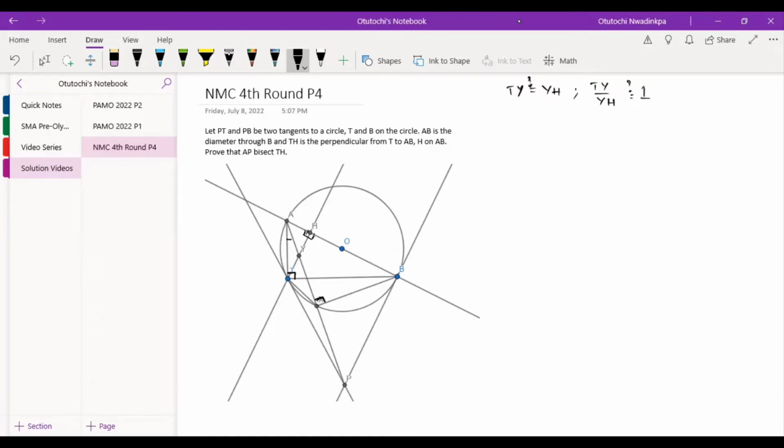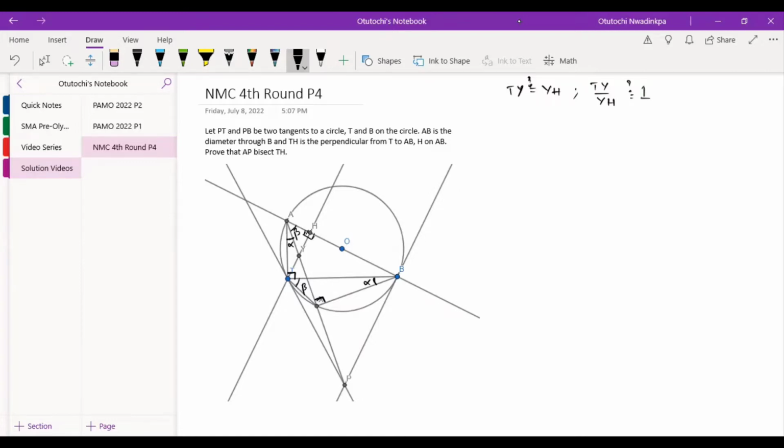Also, if this angle here is alpha, if angle TAX is equal to alpha, then expect angle TBX to be equal to alpha as well. And also, if this is beta, then here has to be beta as well.